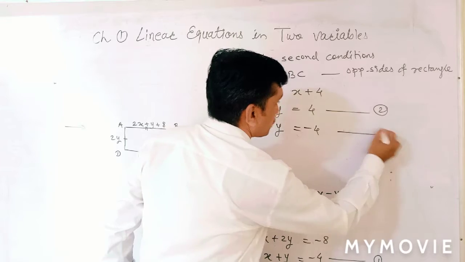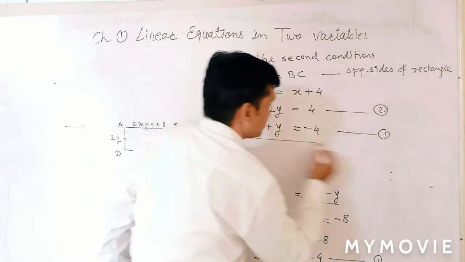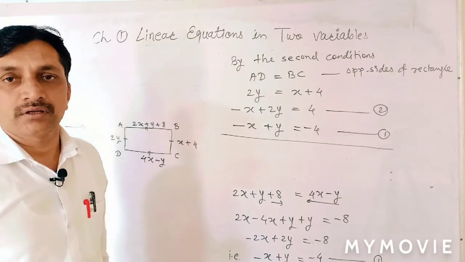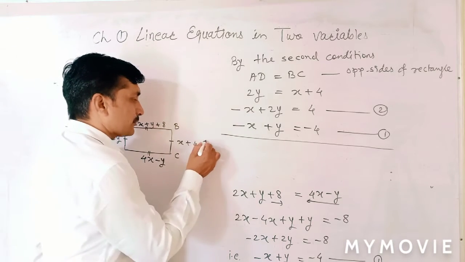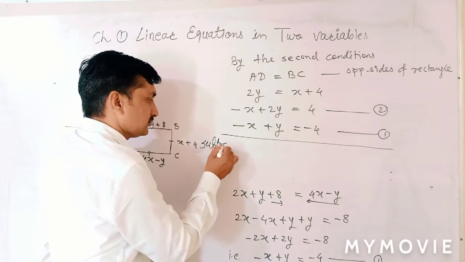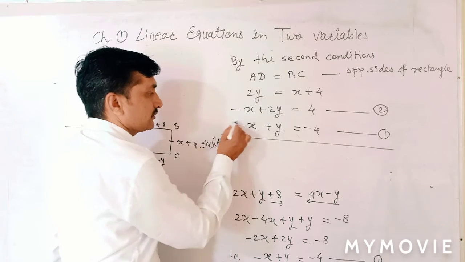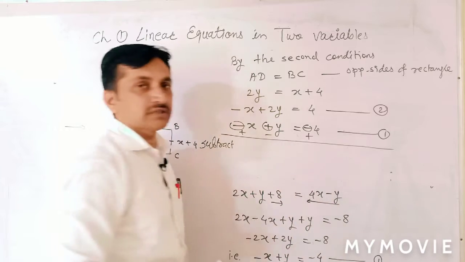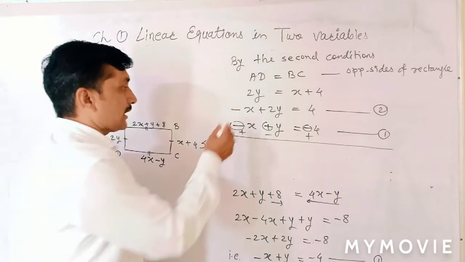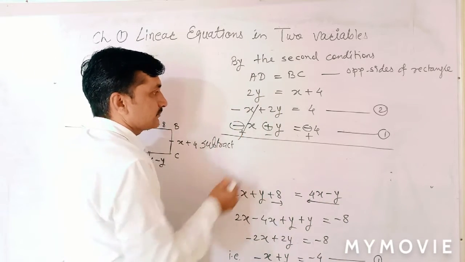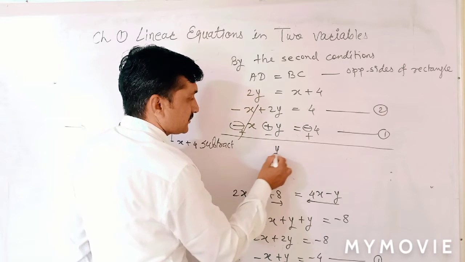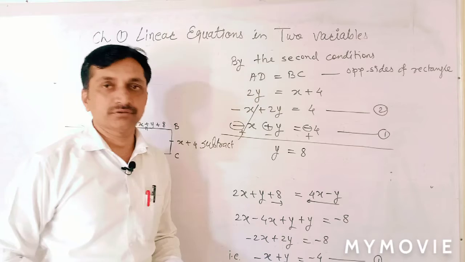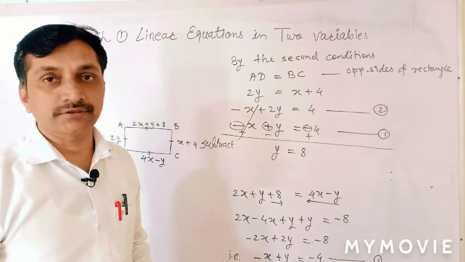Now see dear friends, here the x coefficients and signs are already the same, so we have to subtract. The signs of the second equation will change, and now minus x and minus x cancel. 2y minus y, we get the value of y directly. 4 plus 4, 8. The value of y is 8.